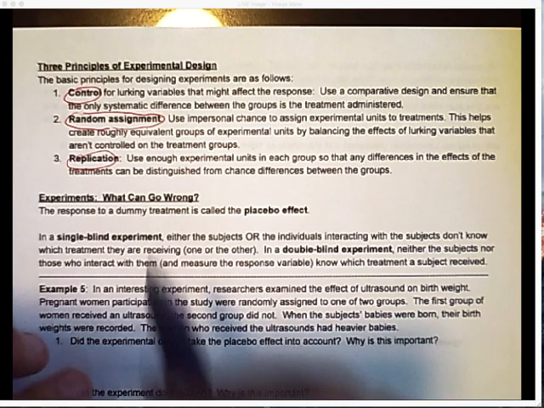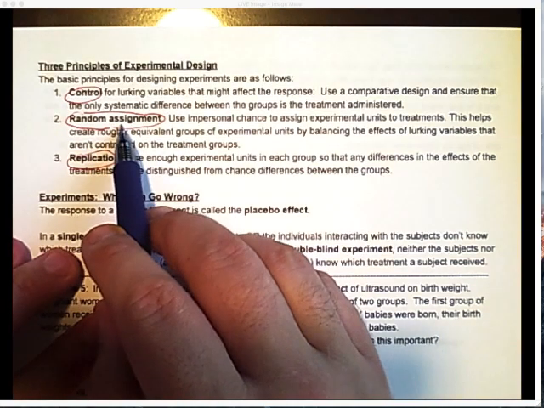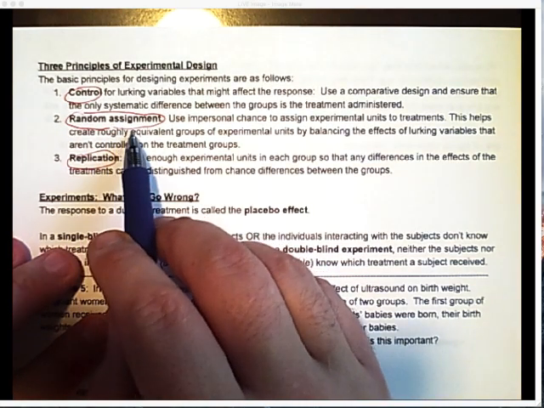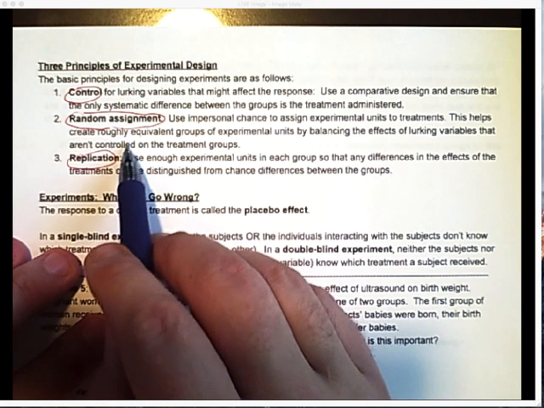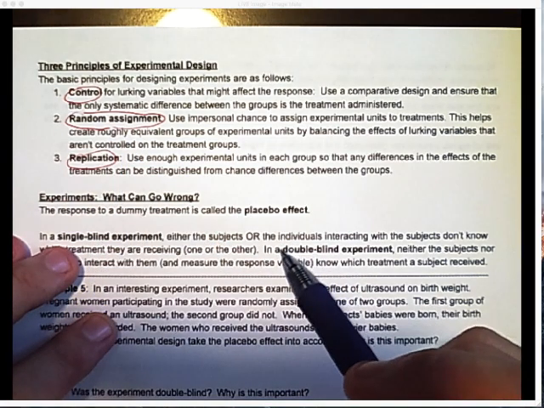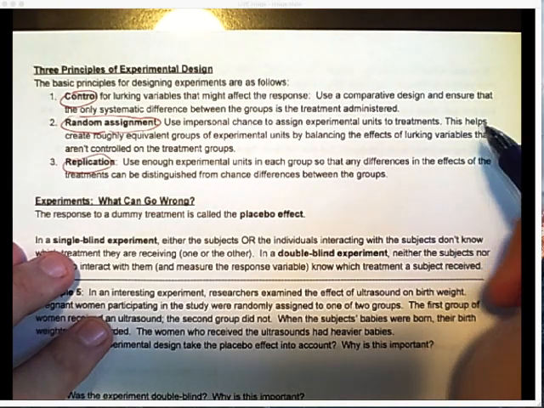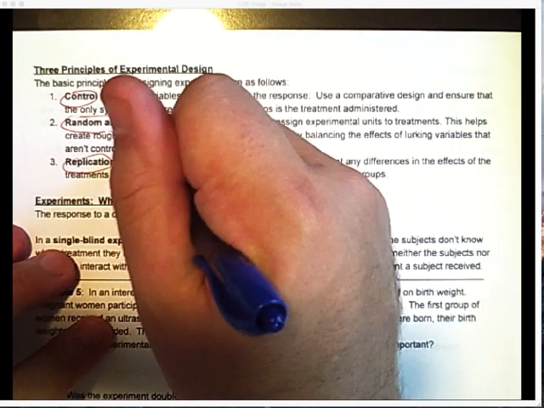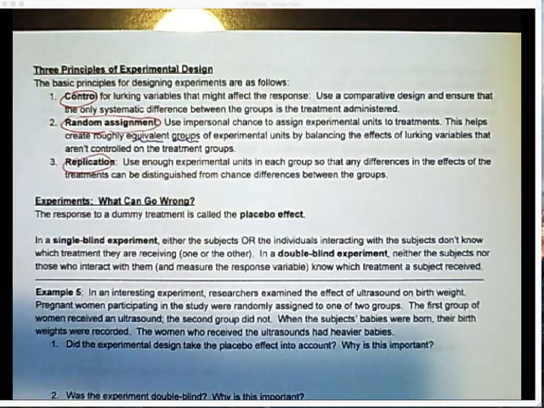Random assignment. We're going to randomly assign people to multiple groups, and we want each group to be roughly equivalent. You probably want some men, some women, a fair number of old people and young people.